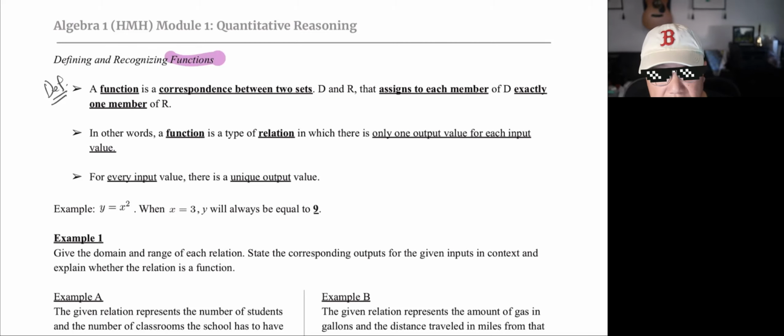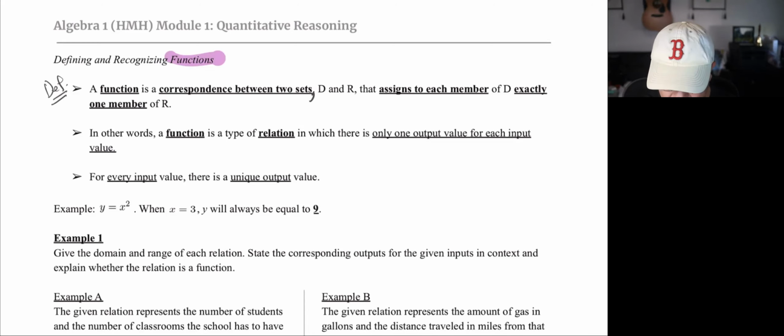A function is a correspondence between two sets, D and R, that assigns each member of D exactly one member of R. So there's a very, very specific relationship between the input and the output.